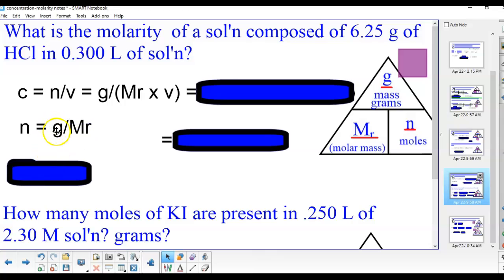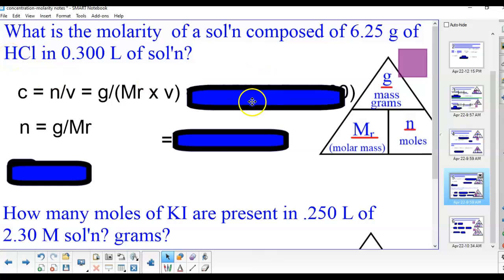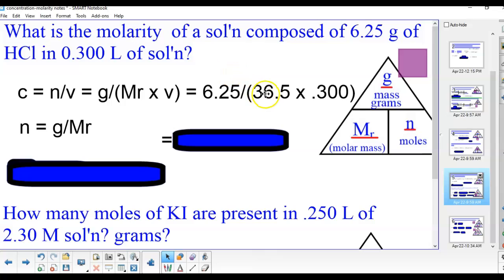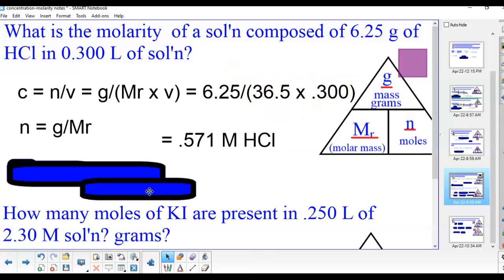Well, the formula for moles is grams divided by molar mass. I substitute that into my equation. I'm then going to have grams divided by the quantity, molar mass times volume. We've already seen that hydrochloric acid is 36.5. Take the grams divided by the molar mass times the volume, and we get our answer.